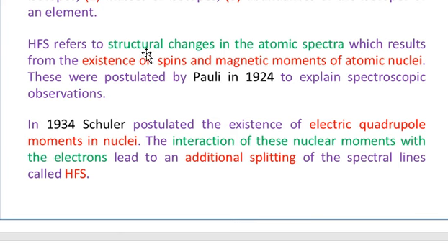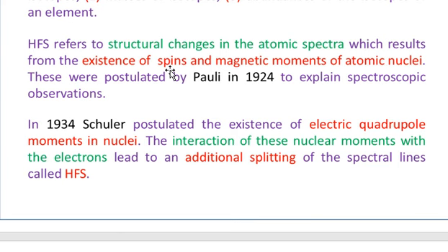Hyperfine structure refers to structural changes in atomic spectra which result from the existence of spins and magnetic moments of the atomic nuclei. So you see that here I am talking about two quantities for the first time in the course on atomic physics: the spin angular momentum and the nuclear magnetic moment.